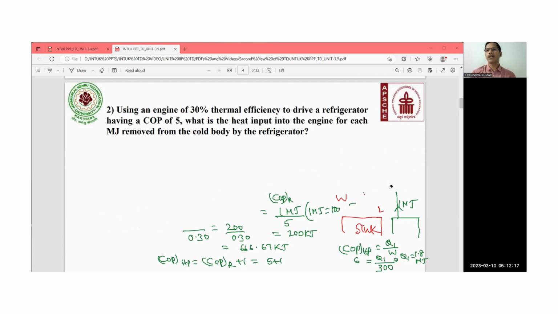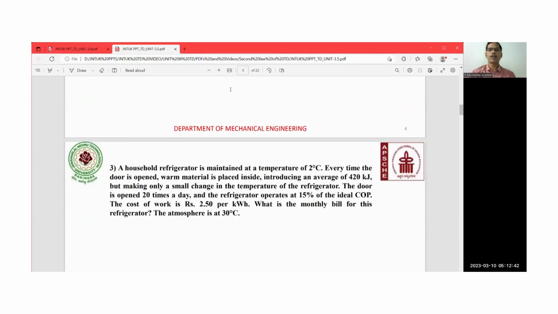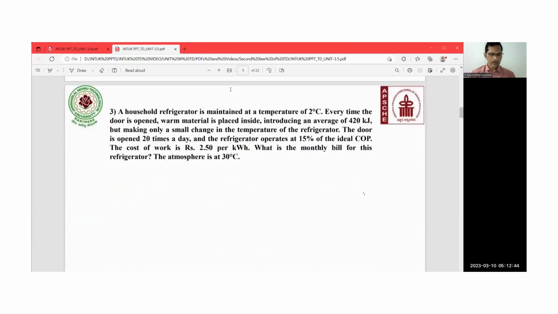Because already we know that the desired effects are changing. The desired effect of a COP of a refrigerator is different, and the desired effect of a COP of a heat pump is different. So once these desired effects are calculated, then COP of a heat pump is equal to COP of a refrigerator plus 1. That is how you have to apply the concept.